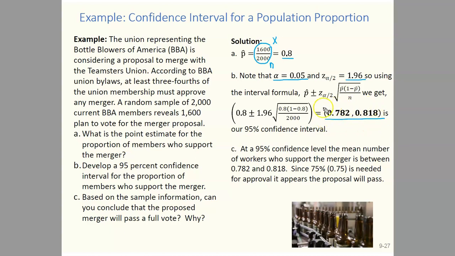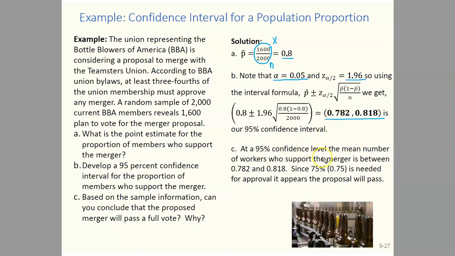So here is our 95% confidence interval. And recall, that means that we have a 0.95 probability that the true population proportion is between these two numbers. So that's our 95% confidence interval. Now Part C, what can we conclude about the likelihood that the merger will pass a full vote?